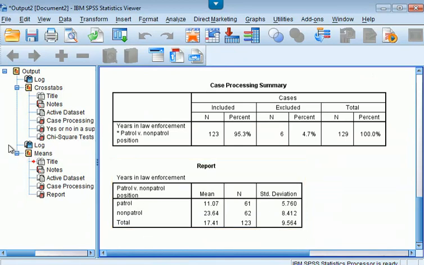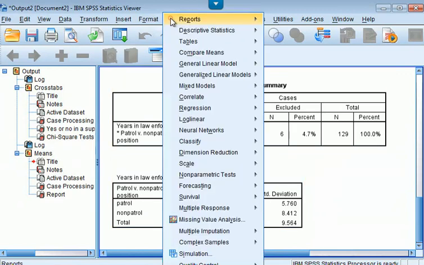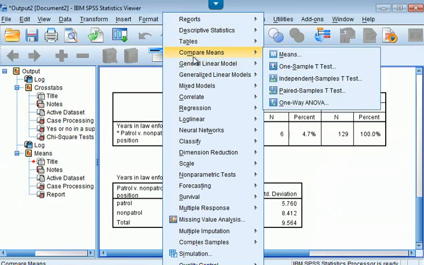Question 8 then logically asks you to run a t-test for independent samples to see if these two means are statistically different from one another. So again, you go into compare means, t-test for independent samples.